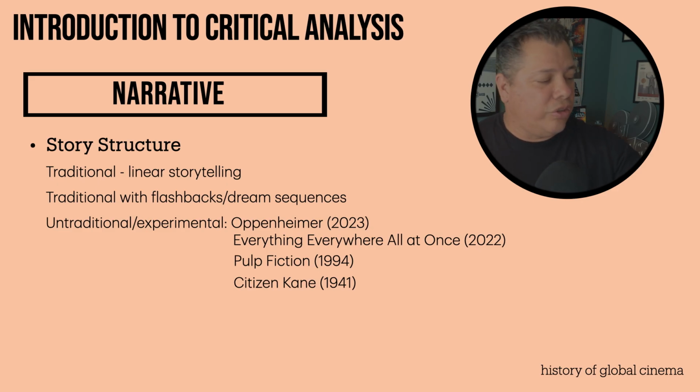An untraditional or experimental way of telling a film would be to have the film bounce around in time and place. Oppenheimer is a 2023 Academy Award winning film that did just that. We see his story told through different times and places.